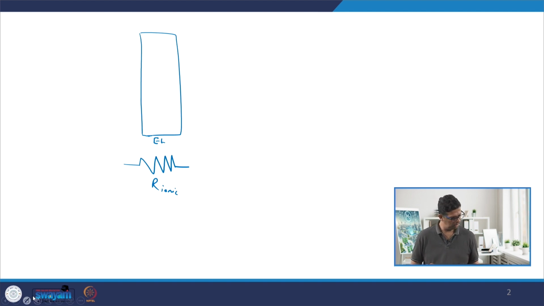Let me draw the electrodes with a different color. So this is the anode and cathode. Please remember, these are the material resistances. So this is our anode and our cathode.